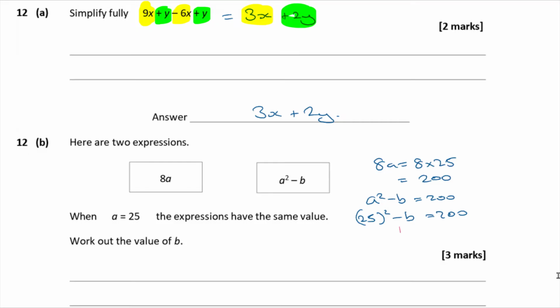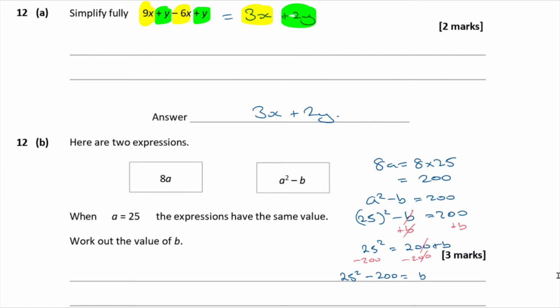So if I add b to both sides, it will cancel off there, and I'll end up with 25 squared is equal to 200 plus b. And then if I take 200 away from both sides, they'll cancel there, and I'm left with b is equal to 25 squared minus 200.